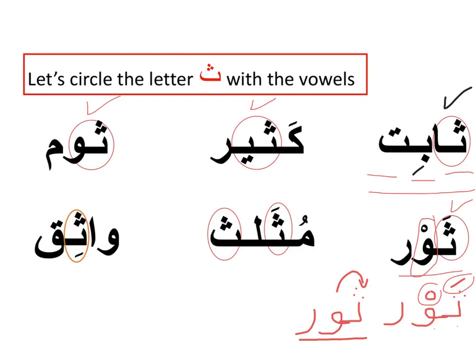Now, next one is tha with the vowel a in the middle, tha at the end, there is no need for vowel, and for the last word I have tha with the vowel e, and I have here wa thi, and the full word is wathiq. The last letter is qa, we will learn it later.